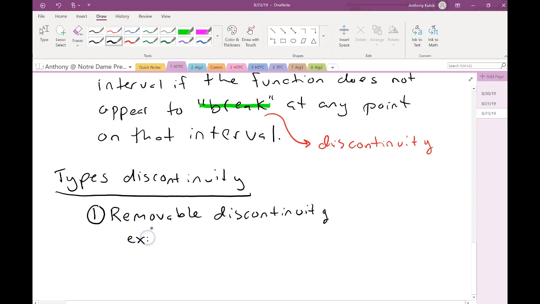So an example of that might be y equals x squared minus 4x over x minus 2.